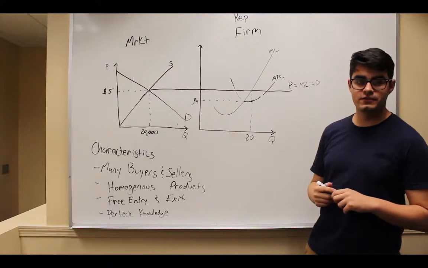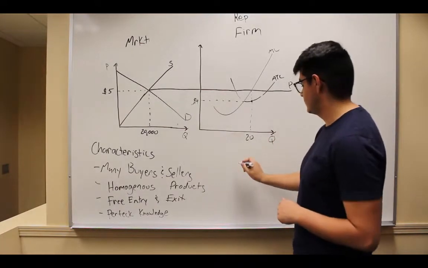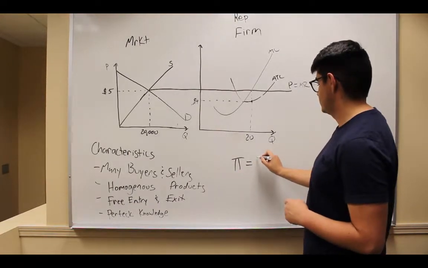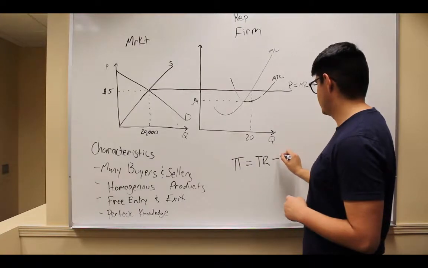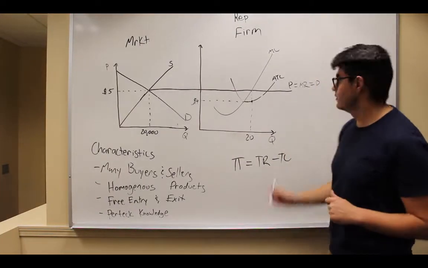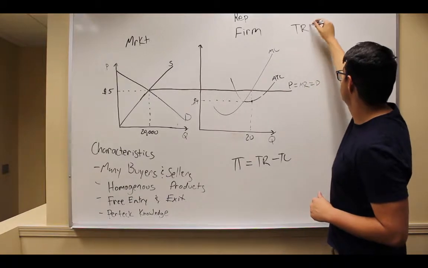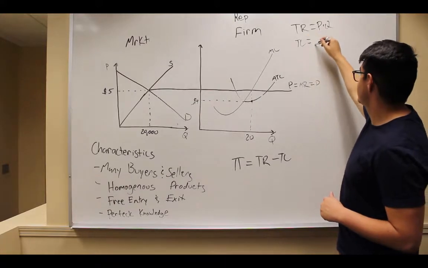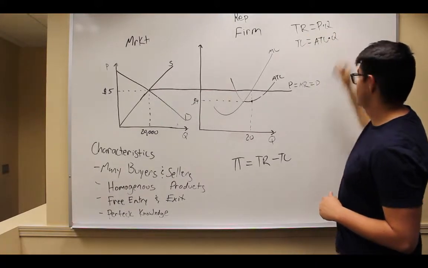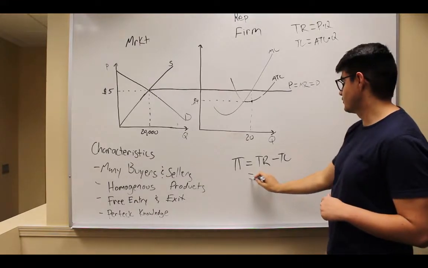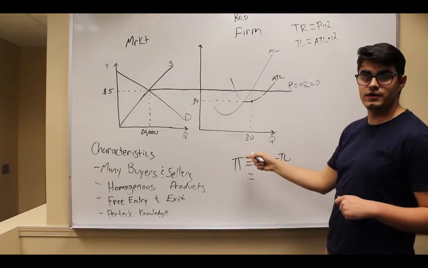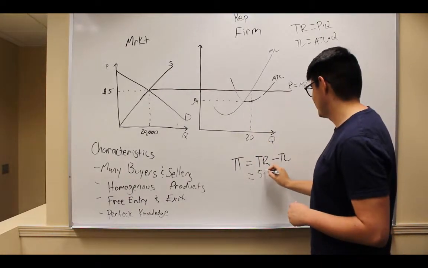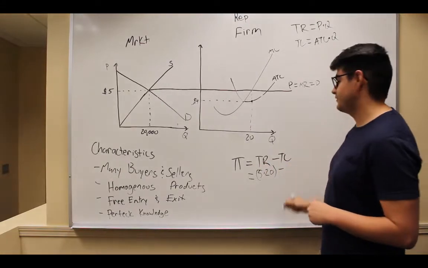We can tell that this firm is experiencing profit by using a simple formula. Profit, which I'm going to represent with the symbol pi, equals total revenue minus total costs. A little reminder: total revenue is equal to price times quantity, and total cost is equal to average total cost times Q. We have a price of 5 and a quantity of 20, so total revenue is 5 times 20, minus our total costs.